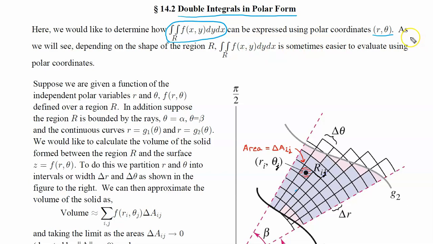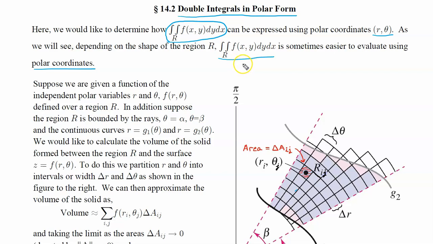Now, as we'll see, the reason we'd like to do this is because depending on the shape of the region R that we're integrating over, sometimes it is easier to evaluate a double integral using polar coordinates instead of rectangular coordinates. So we'll see that with some examples, it's just much easier to use polar coordinates.